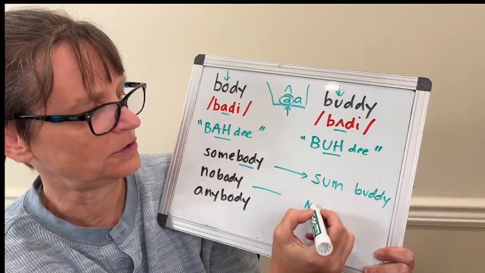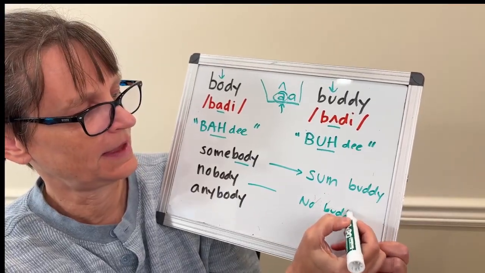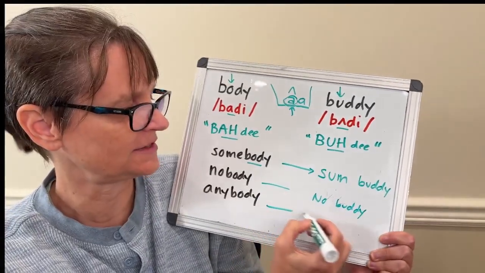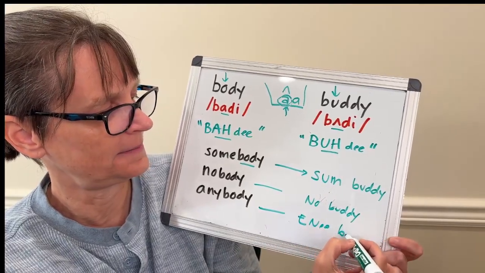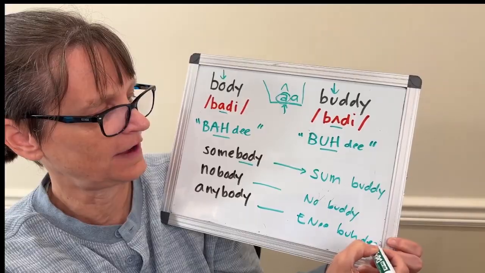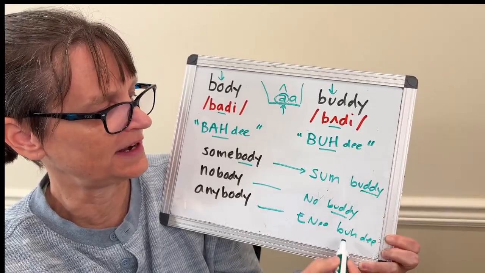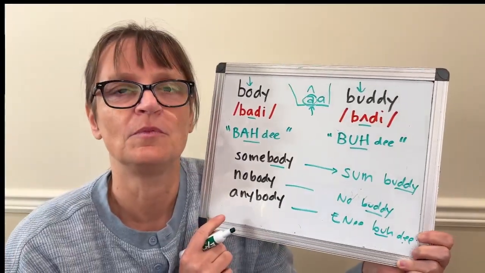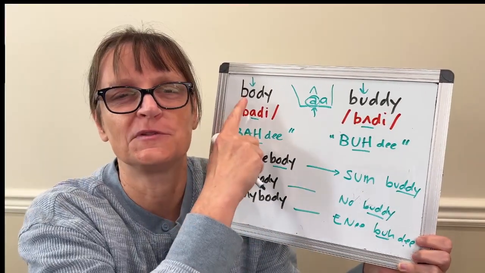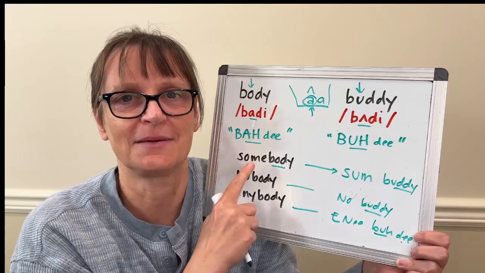Nobody sounds like nobody. And anybody sounds like anybody. If I wrote these as the spelling of buddy, but they all have the buddy, like that spelling. So be careful that you're learning the difference between body and somebody.